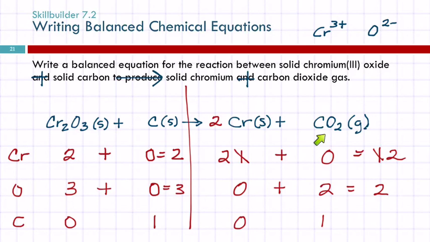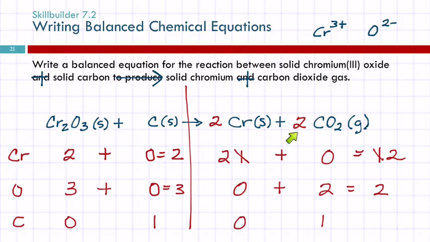Can I make this into CO3? No, it has to be carbon dioxide. I can't change the formula. Well, I guess we'll have to make there be 2 of those. I'm going to avoid doing the fractions. If you want to see how to do fractions, talk to me outside of class.